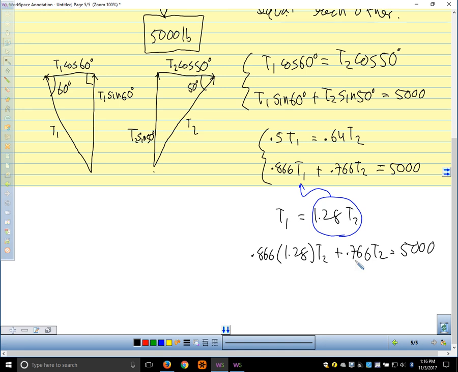So I get 1.11 about plus 0.766 T2 equals 5,000. Add these two together. And I get about 1.87 T2 equals 5,000. Divide by 1.87.